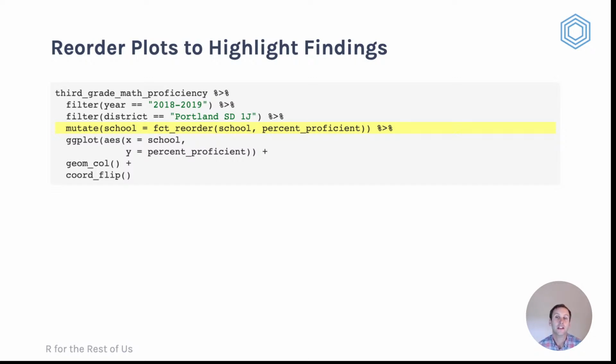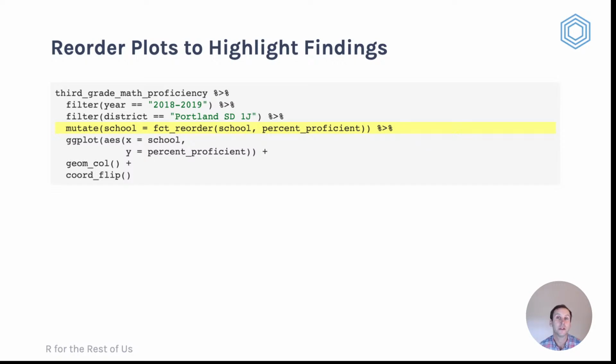What it does is it converts our variable that was a character variable into what's called a factor. Now, factors are more complex than we have time to discuss in this course, but I will post links to some materials that will help you to learn a bit more about them.